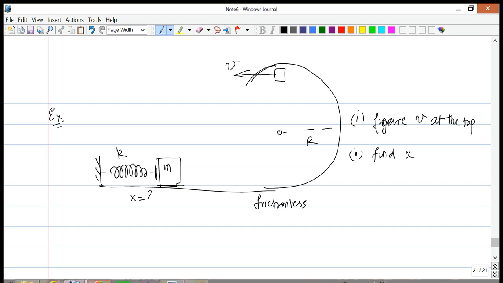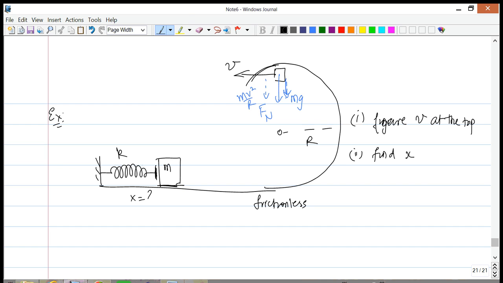Now, to figure out the speed at the top, we need to know our condition for the motion at the top, and what we have is our forces. We have a force at the top which is F sub n, and then we also have mg, and the result of these is equal to mv squared over r.